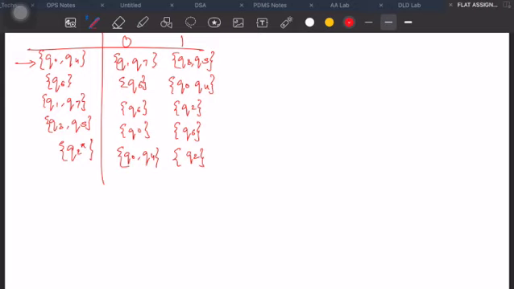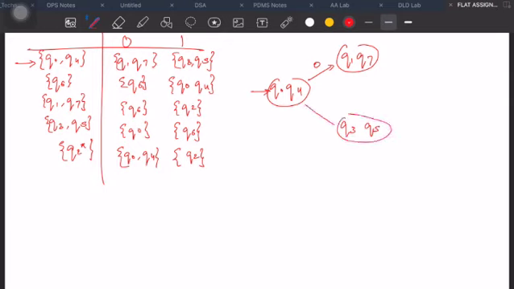Now let us design the new DFA that has been achieved after equivalence. Q0, Q4 is the initial state. Q0, Q4 goes to Q1, Q7 for input 0 and goes to Q3, Q5 for input 1.